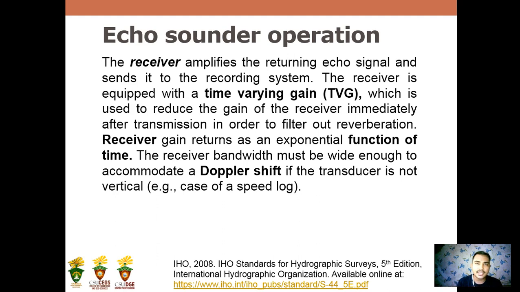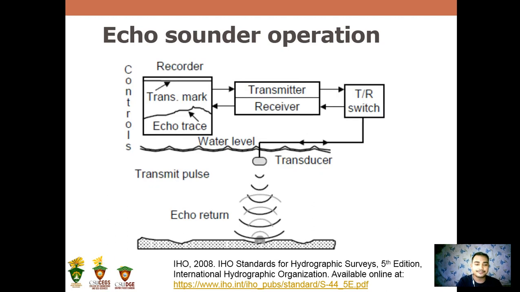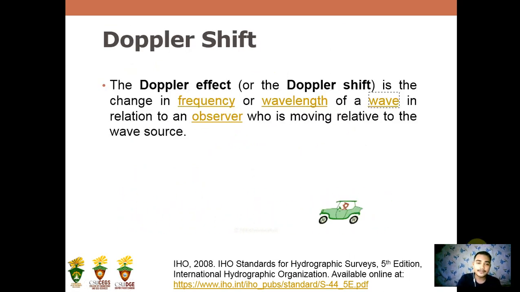For example, there are disturbances like current forces from the water as the boat is traveling towards any direction. So again, the pulse is transmitted from the transducer, then sensed back by the transducer, then it passes through the TR switch, then goes to the receiver. The receiver also calculates, transmits and filters.